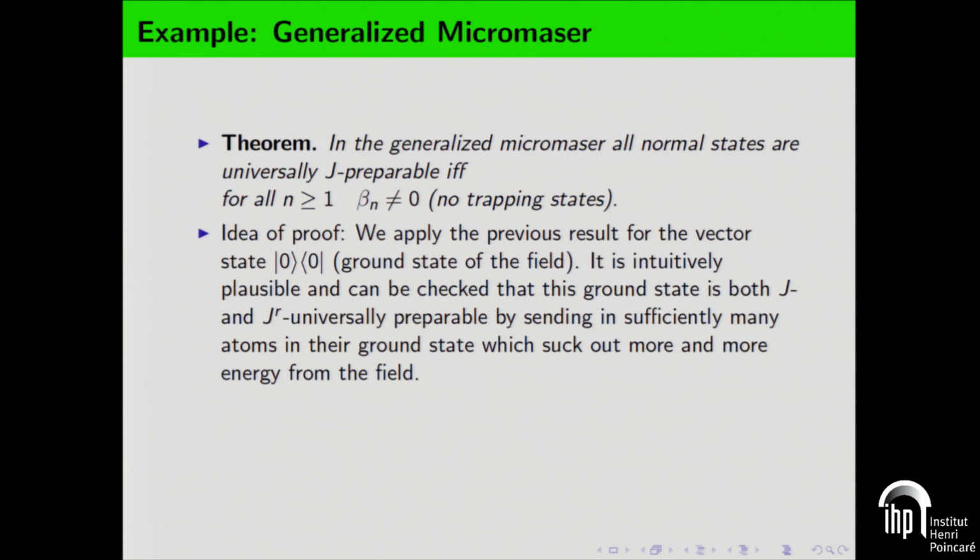And it's intuitively very plausible and can be checked also rigorously that this ground state is J and JR universally preparable just by interacting with sufficiently many atoms in the ground state. If you send in a lot of atoms in the ground state, then it takes out more and more energy from the field, and in the end you are in the ground state. So that's what you would expect, and physicists used this idea before we had this rigorous proof here.